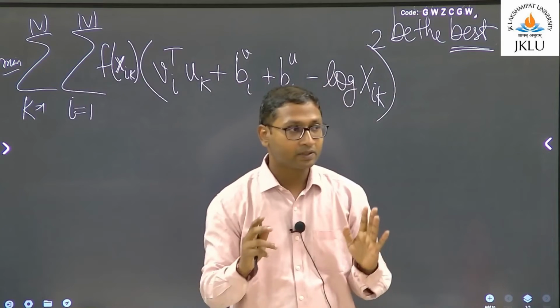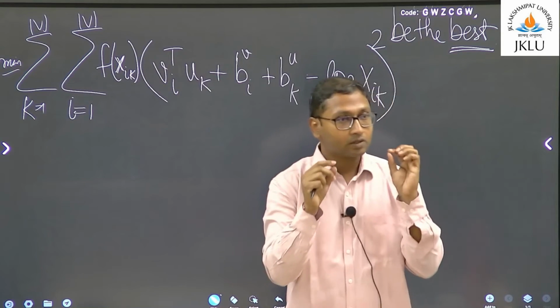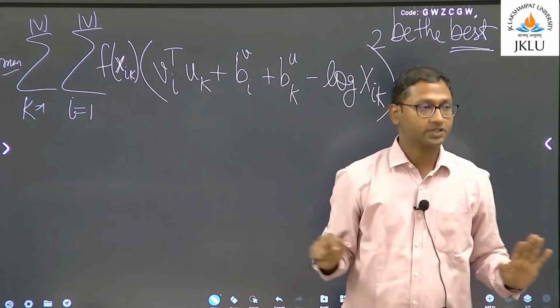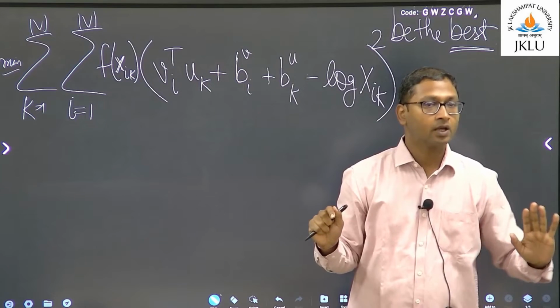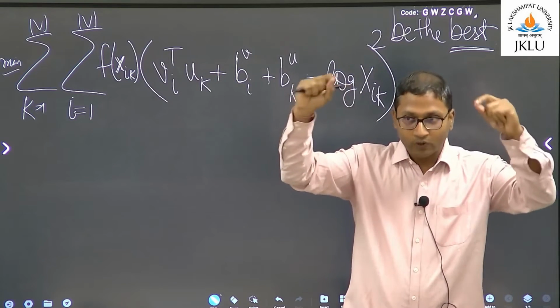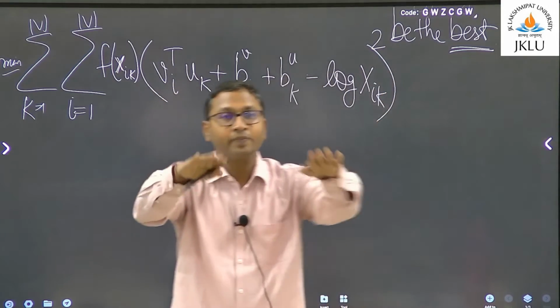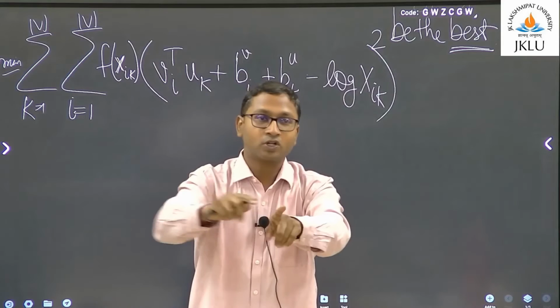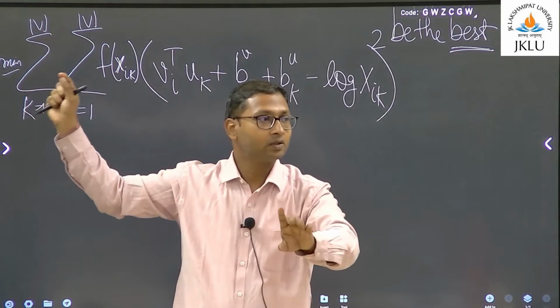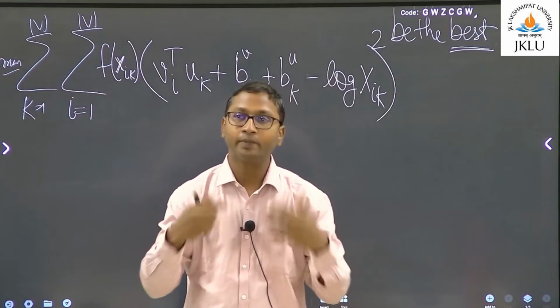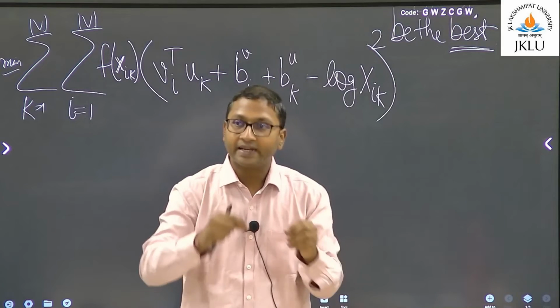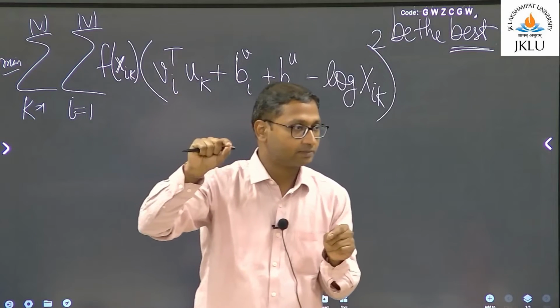Just to recap, you want to come up with a cost function. And what is the goal of keeping a cost function? That when you minimize this cost function, the corresponding word embeddings will be good. And what do you mean by good? They will have at least linear relationship properties.